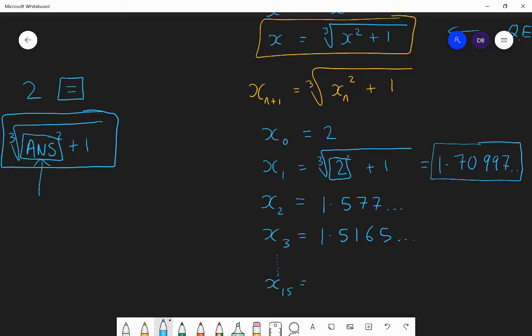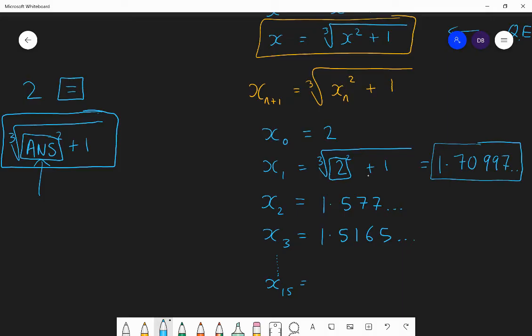So the third one was 1.5165. So then press equals: 4th, 5th, 6th, 7th, 8th, 9th, 10th, 11th, 12th, 13th, 14th, 15th.